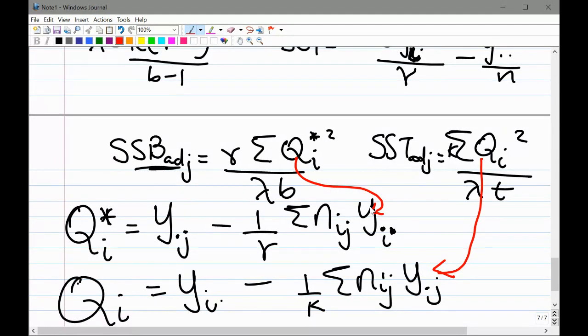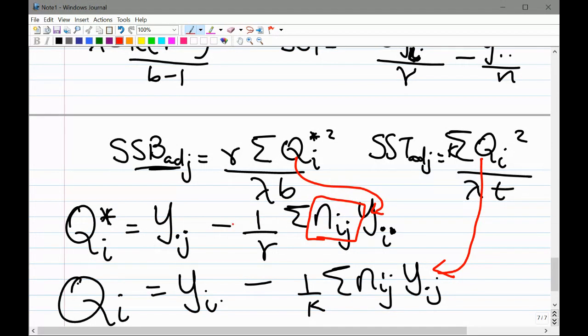So for the second Q, this n_ij, you will define it in a different way, right? n_ij, when you're adjusting for the blocks, you will say 1 if the treatment appears in a block and 0 otherwise.